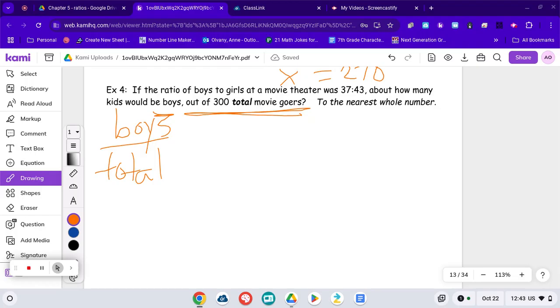All right, well, the ratio of boys to girls is 37 to 43. Remember that order matters. So if boys comes first here and girls comes second here, then the numbers are the same. So 37 is boys and 43 is girls. But what would my total be? Hopefully you said you have to add 37 and 43 to get 80.